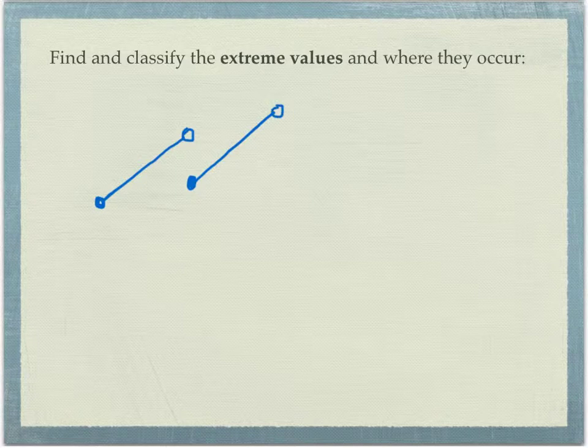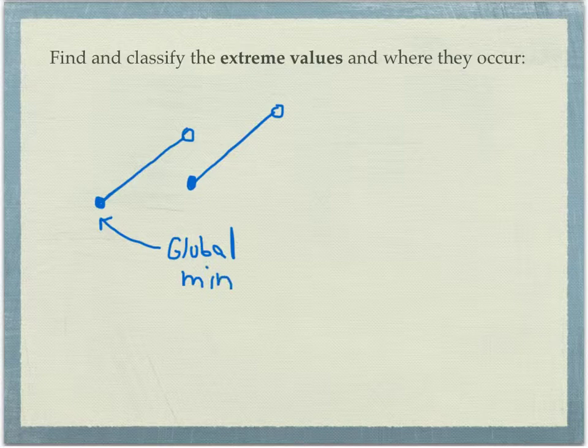Where would the extreme values be? Well, I meant this to be filled in here. So certainly right here, we could call that a minimum, and if this is all the function is, this would be like a global minimum right there, right?